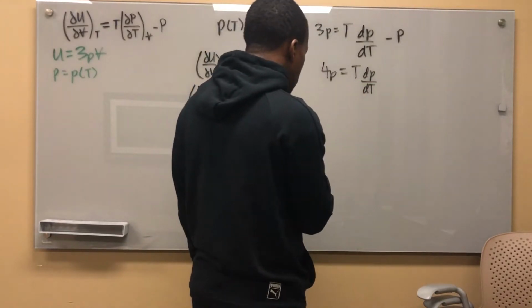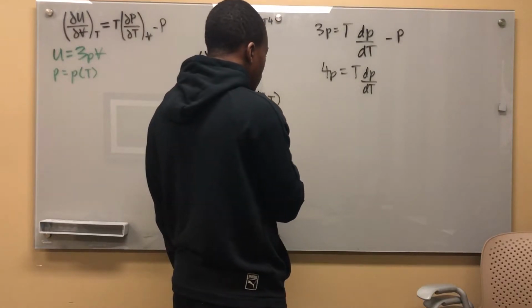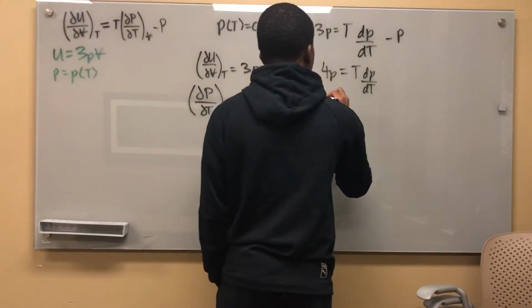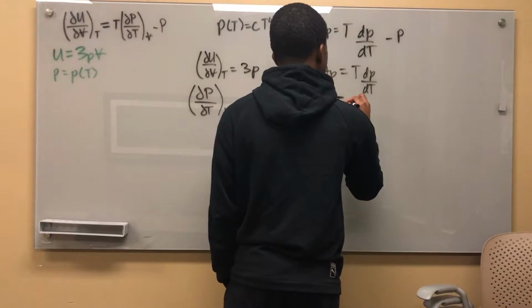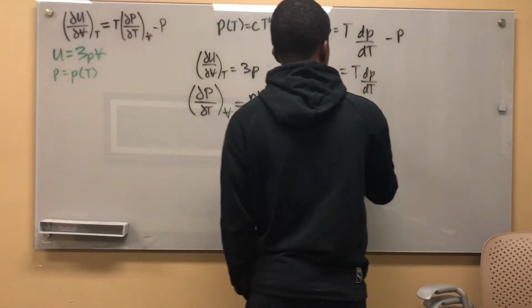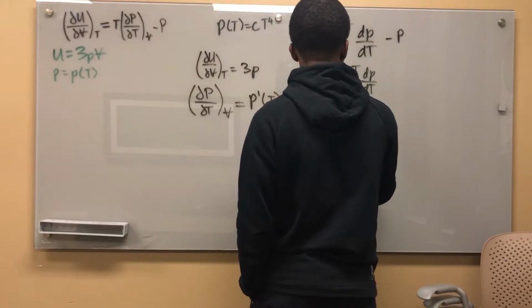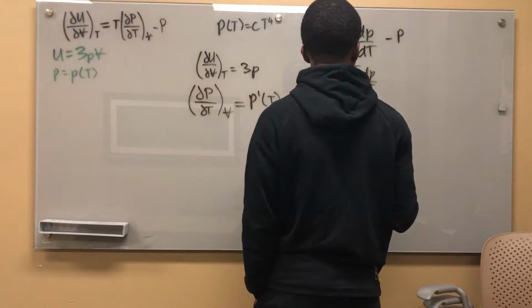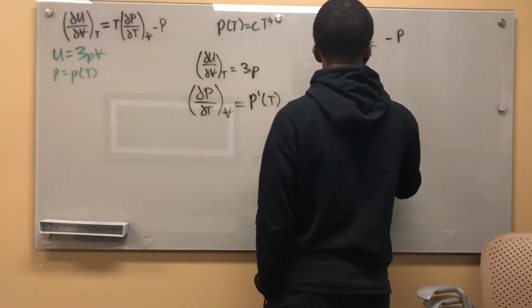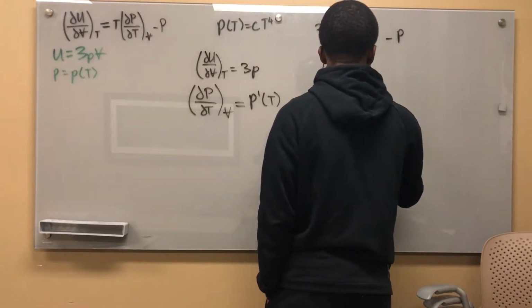Okay? Now, how would I go about doing that? 4 dT over T is equal to dP over P. Yes.